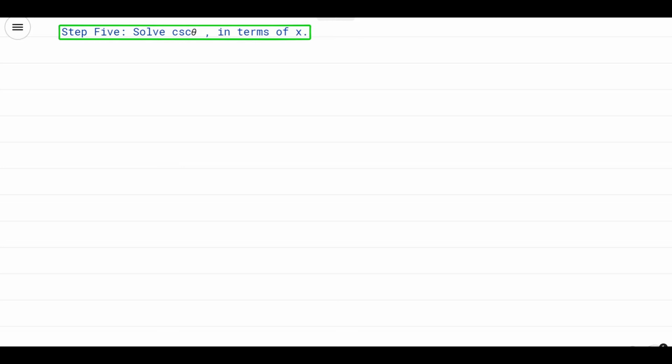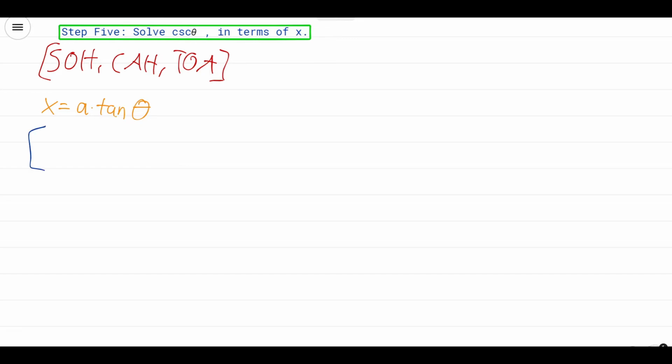To do that, we apply the triangle rules. Familiarize yourself with SOHCAHTOA; if you're in Cal 2, you've probably seen this before. Keep in mind, what was our x equal to? Our x was equal to a times tangent theta. We can solve this for theta, so x over a is equal to tan theta.